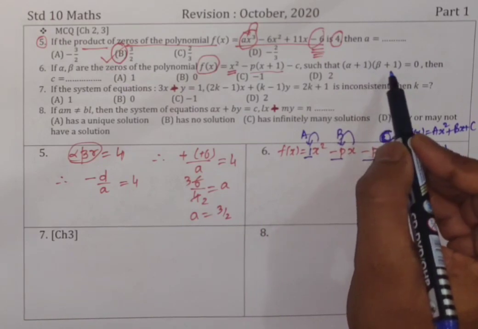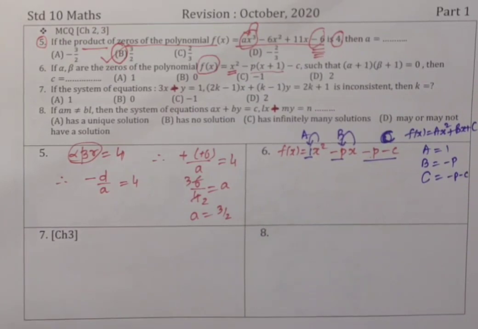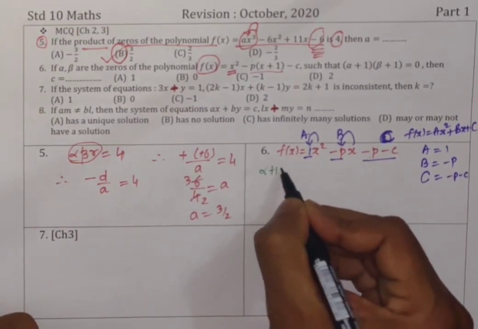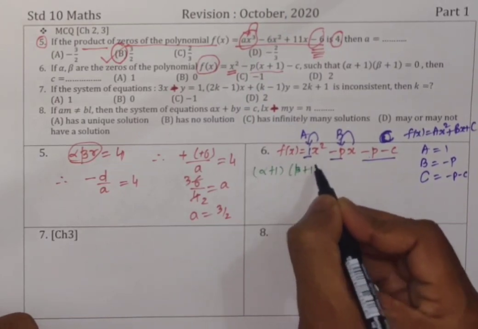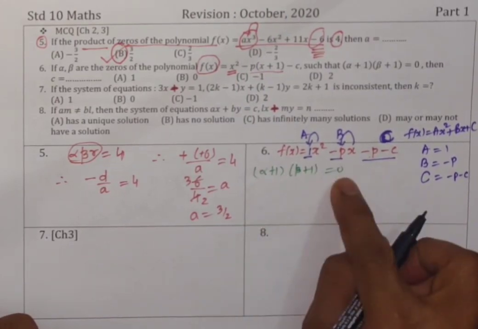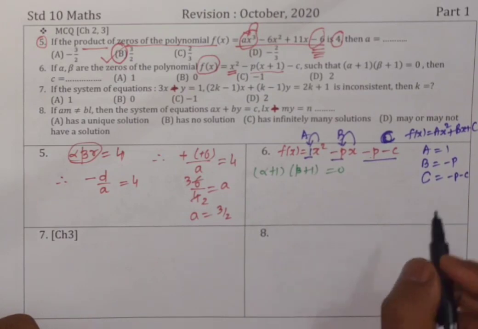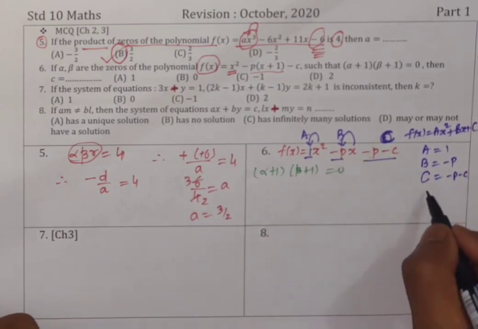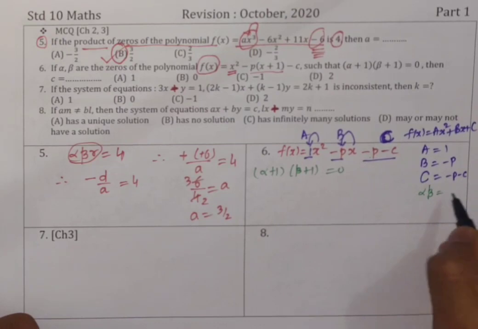Now alpha plus 1 into beta plus 1 equal to 0. This is interesting. Please pay attention. Alpha plus 1 into beta plus 1 equal to 0. This is the equation. In it, what values will we put? Children, this is a quadratic polynomial. So what is alpha plus beta? Minus b upon a.